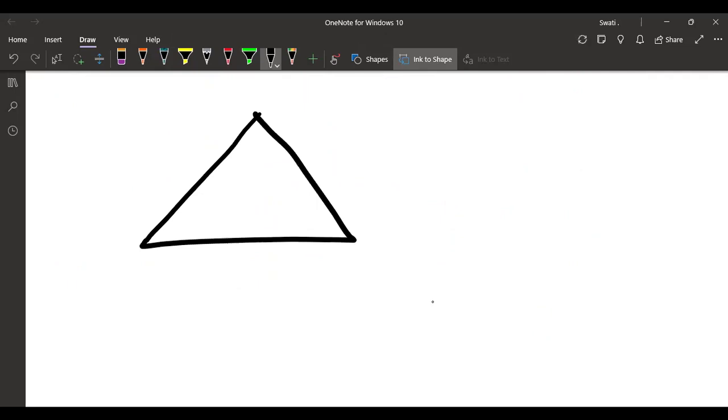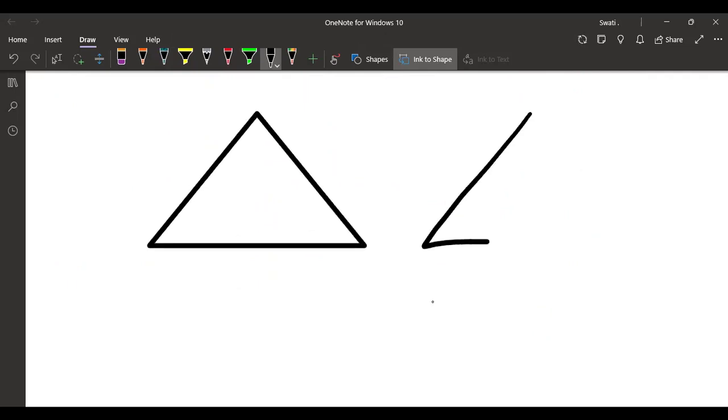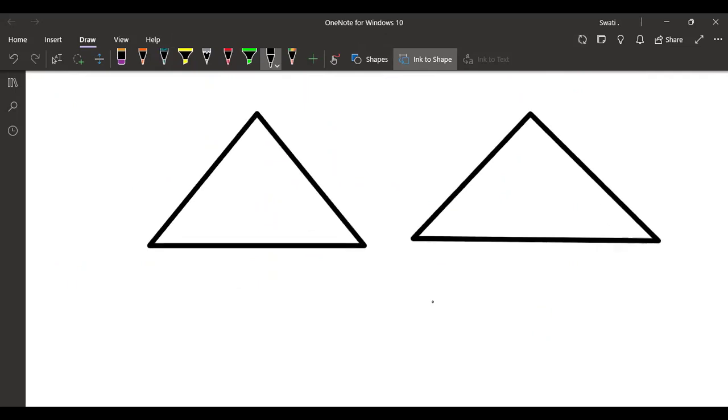So for that, I'm just going to draw the triangle. So this is a triangle, okay? And there is another triangle, let's say. Now this is triangle ABC and this is triangle DEF. Now there are two conditions given for triangles to be similar, okay?